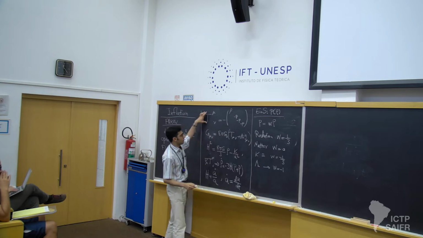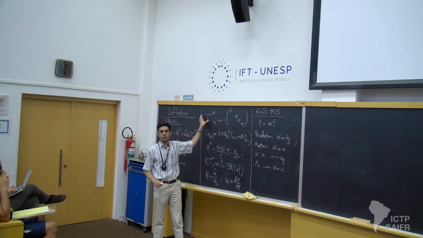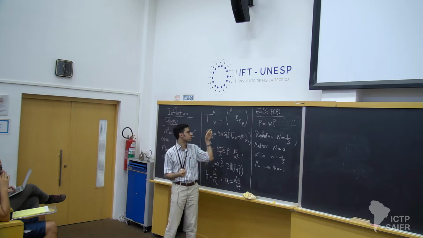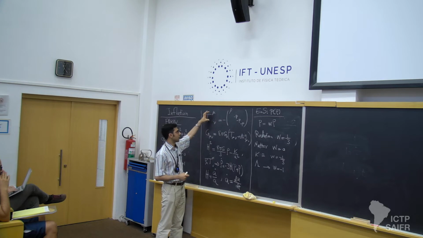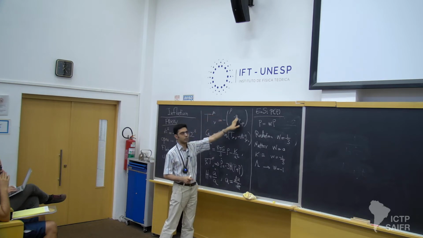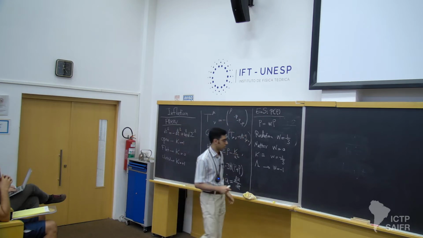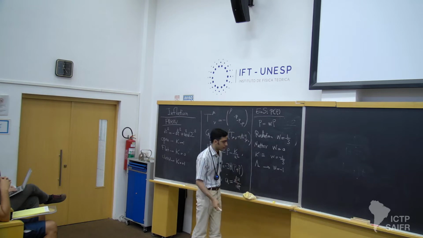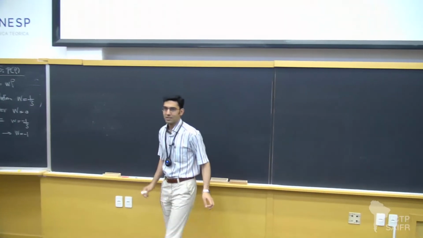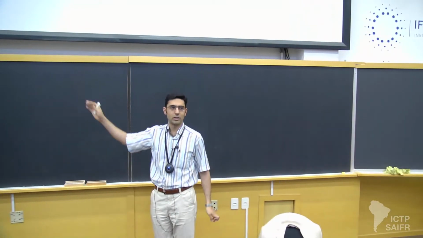Therefore, effectively, lambda corresponds to T mu nu which is just proportional to 1 in these mixed indices. So it will be lambda, lambda, lambda, lambda everywhere, which corresponds to P equals minus rho. So W equals minus 1.